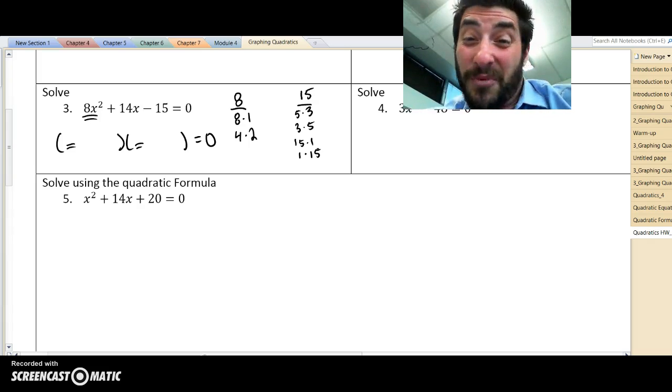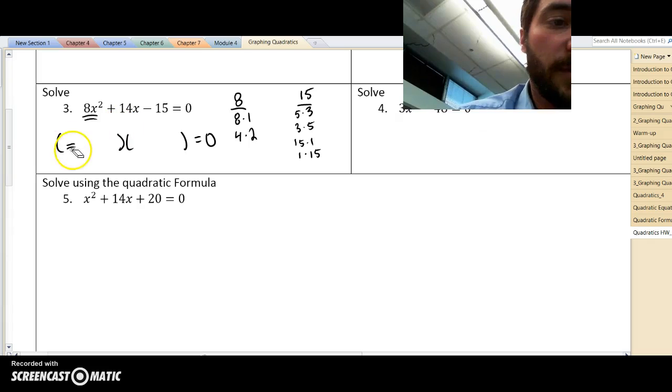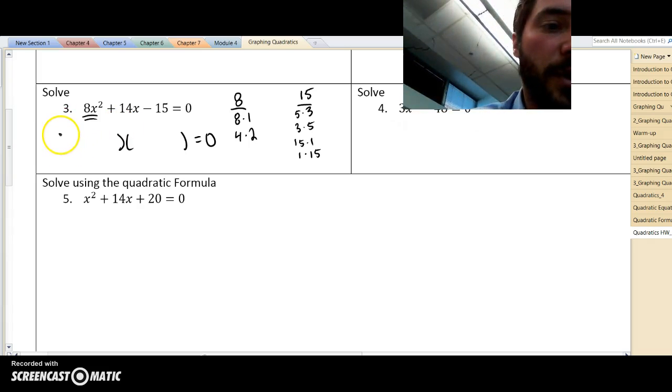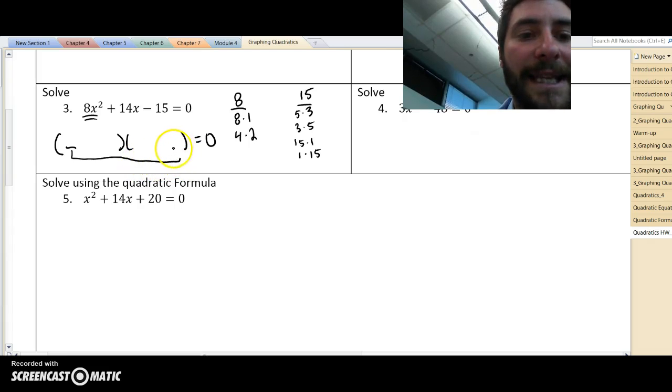So which one is the one? Which one's the winner? Well, that is a little trickier. The winner is going to be determined when we take the first term here and multiply it by the last term.